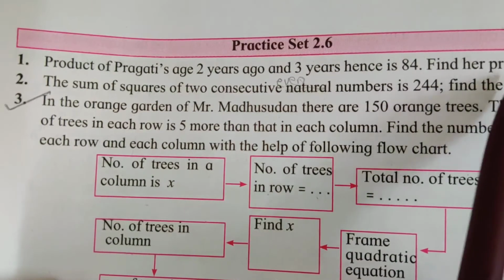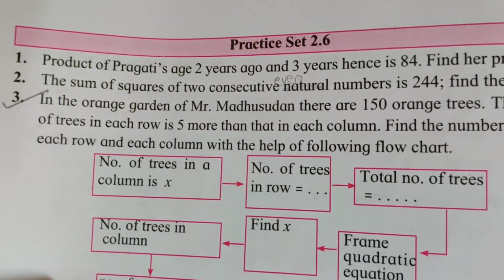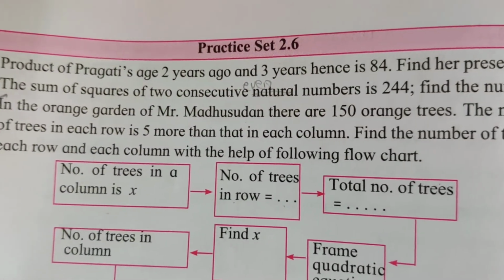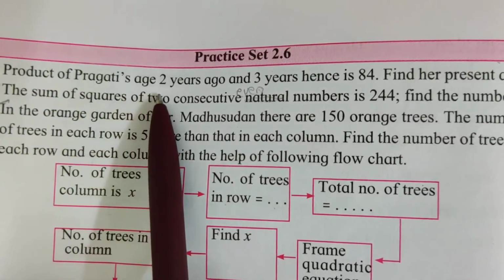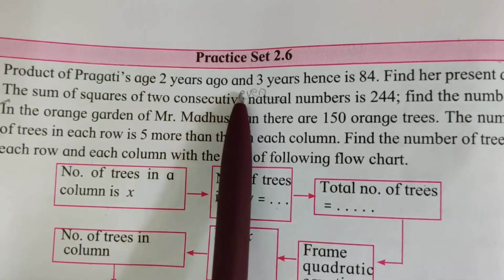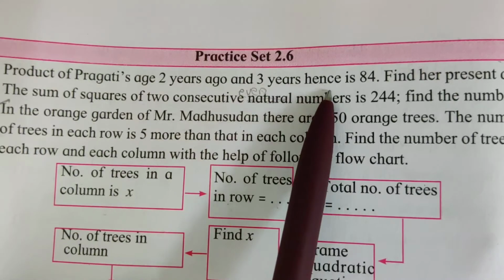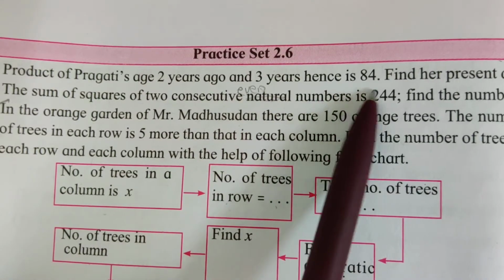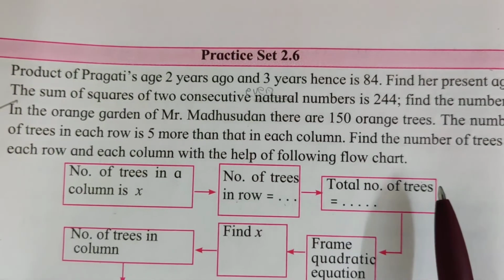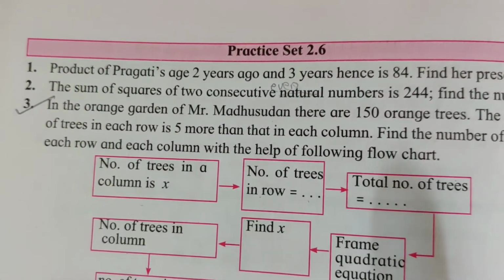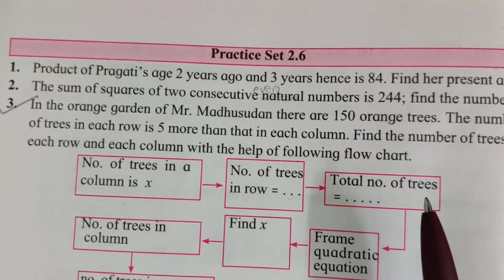Find her present age. One more time you read the example. Product of Pragati's age 2 years ago and 3 years hence is 84. Find her present age. Now you read it 2 times on your own.